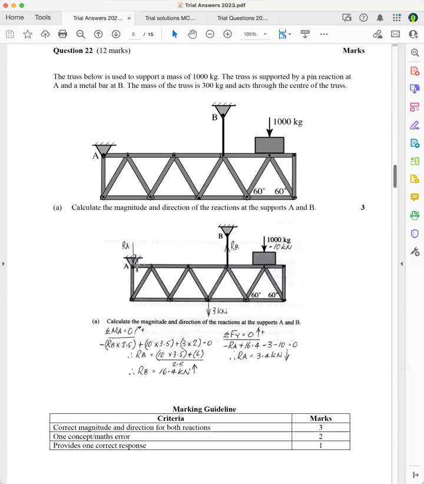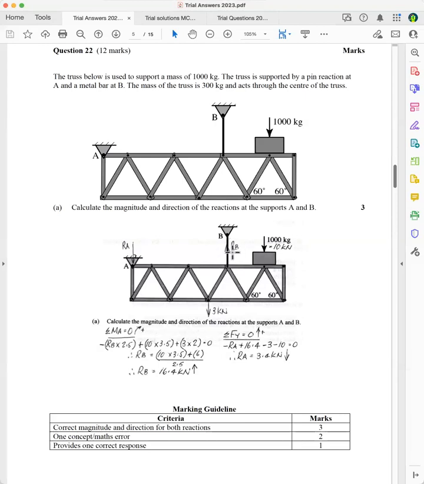So the first thing you do is read the question twice. And then the next thing you do is put all the forces on. And then 95% of the time you take moments about the pin. So I've taken moments about the pin here, and you get a positive answer here, and that indicates that that sense is correct.